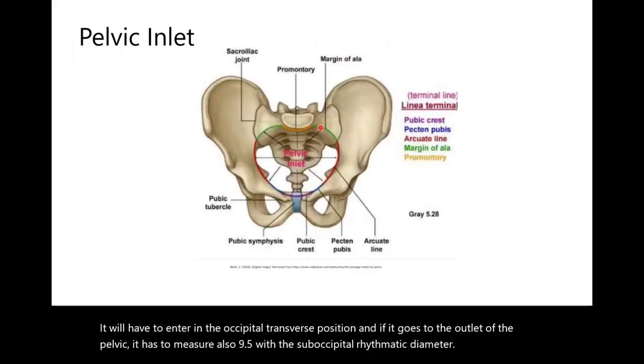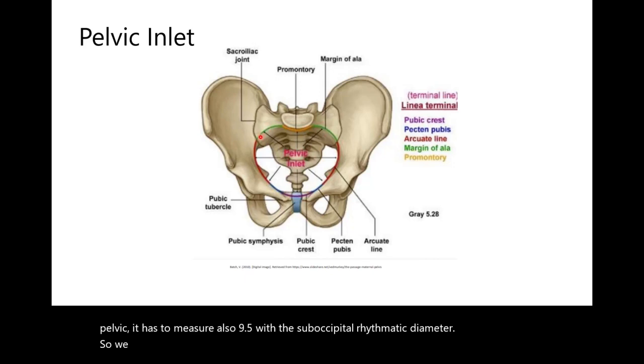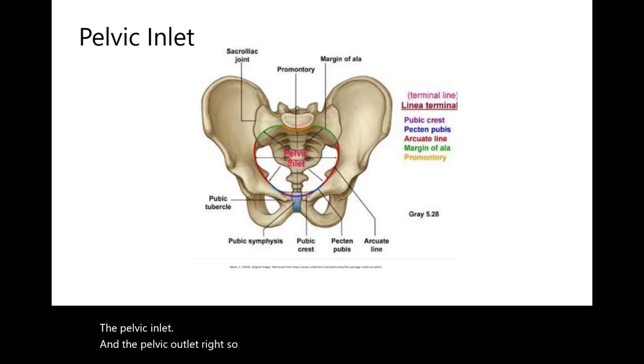So we have the pelvic inlet and the pelvic outlet, right? So the pelvic inlet, we have a diameter, that's the smallest one, is 9.5. And that's why the head needs to enter in occipital transverse.